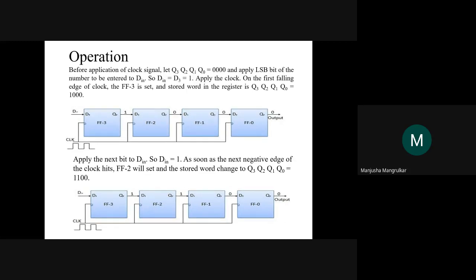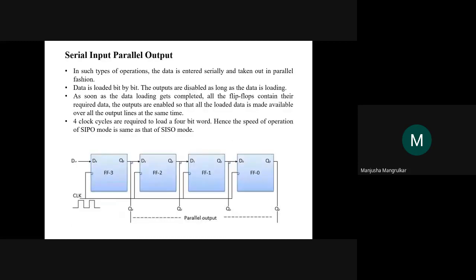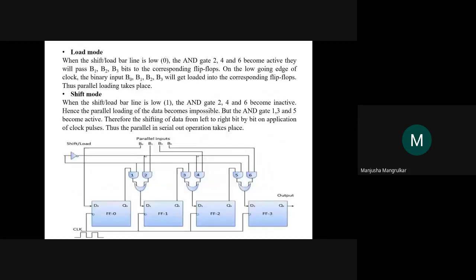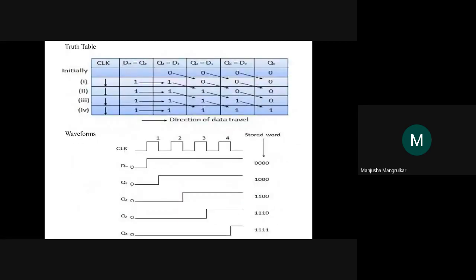Now we'll see how the operation works. As we have seen, Q3, Q2, Q1, Q0 are all 0. We'll see the signals. This is your clock: clock 1, clock 2, clock 3, and clock 4.